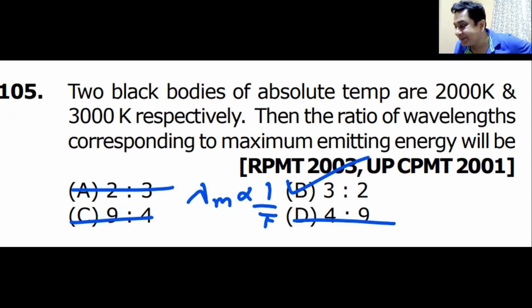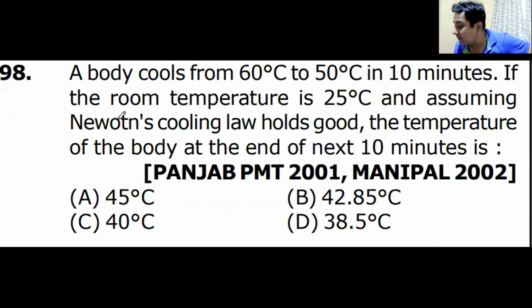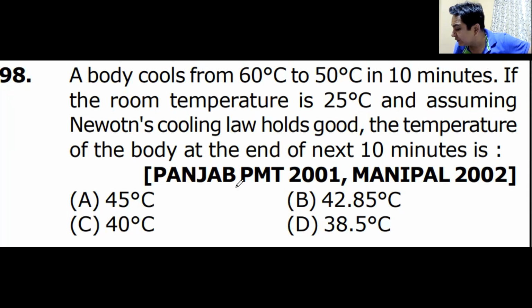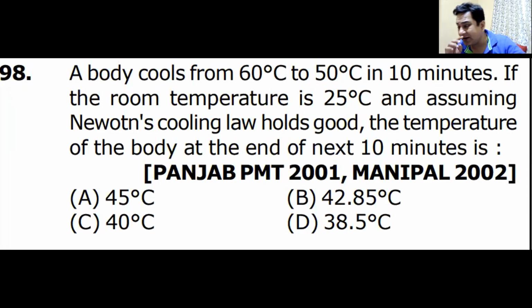Okay, let's see. Can you apply some common sense? And with that common sense, can you tell me? Obviously, you can calculate and tell me as well. But looking at the question: a body cools from 60 to 50 in 10 minutes. Room temperature is 25. Assuming Newton's law of cooling holds good, what is the temperature at the end of next 10 minutes?